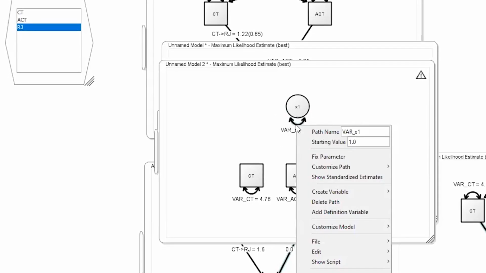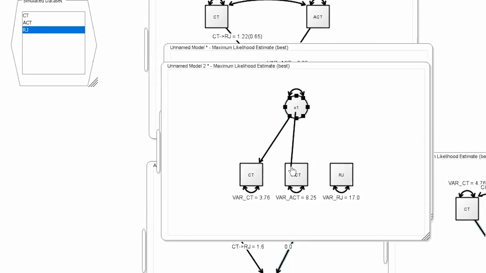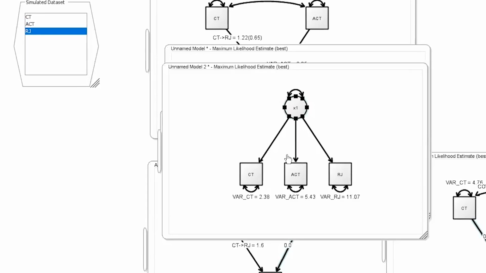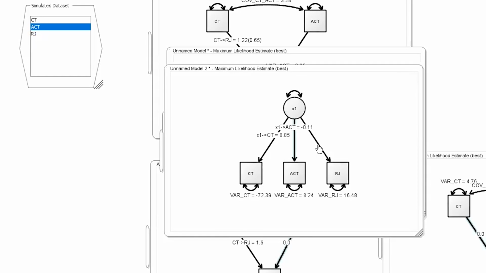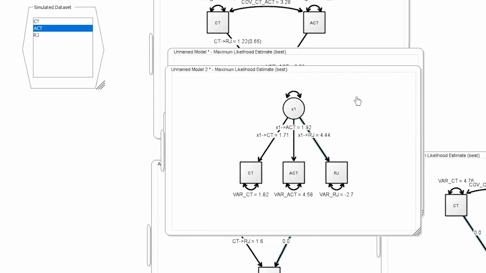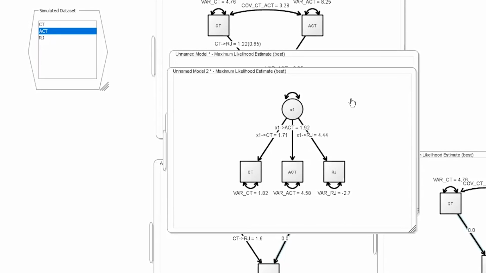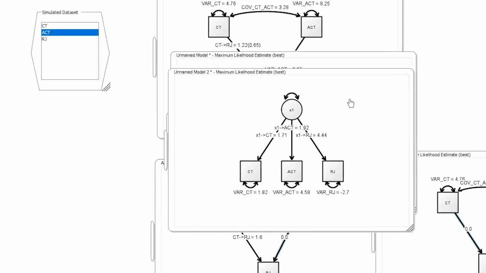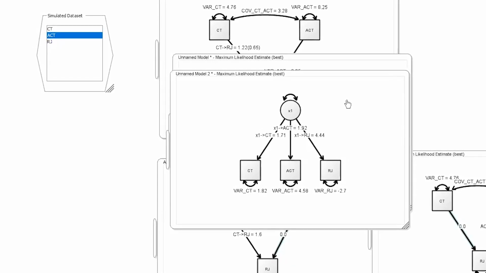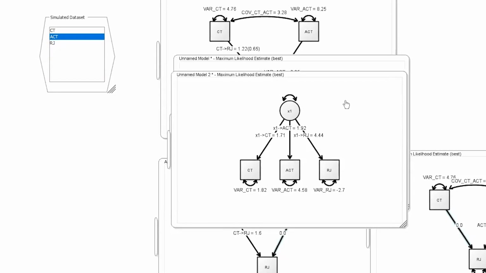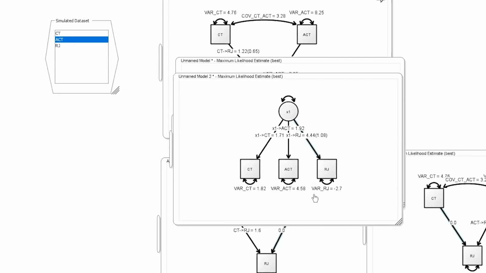I'm going to fix this at the number 1 and draw paths from that latent variable to all of these. And there, I have done a factor analysis. We'll obviously in subsequent chapters talk more about what a factor analysis means. And if you would like, we can also look at the standardized coefficients that correspond to that factor model.